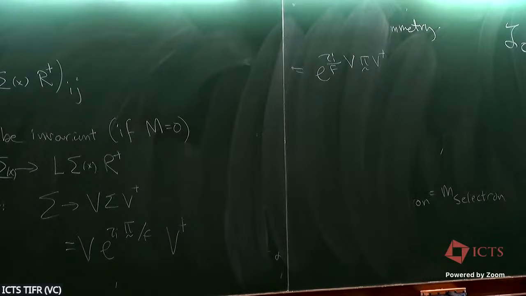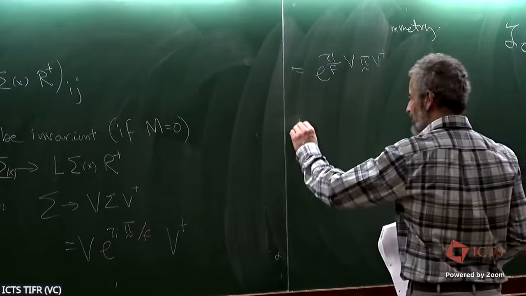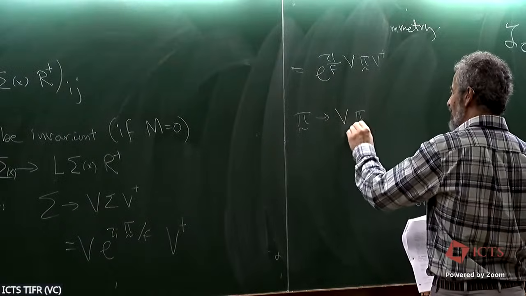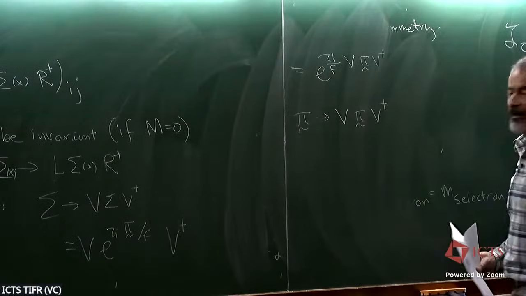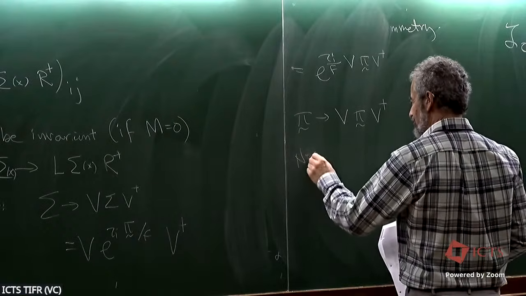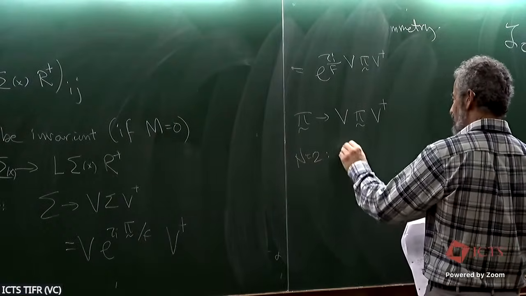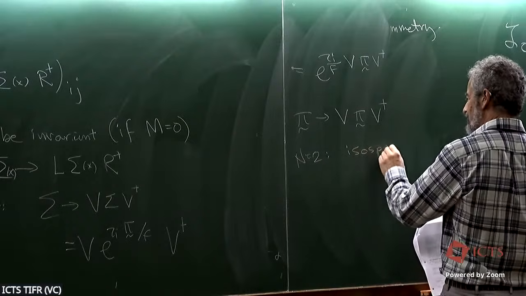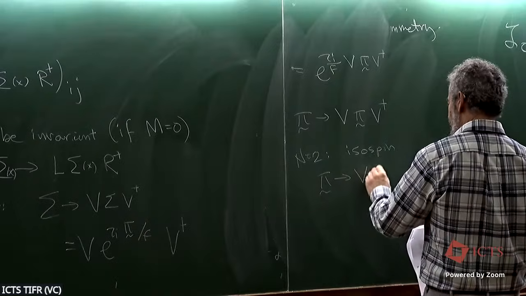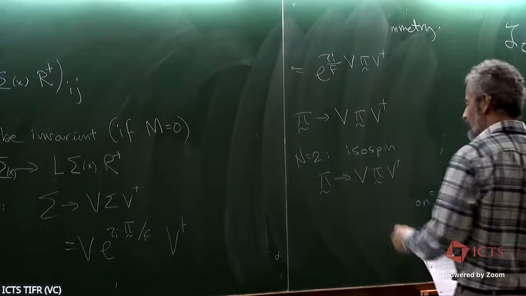That makes sense? And so we can say that the pions transform nicely under the unbroken SUN symmetry. For n equals 2, isospin, pi goes to V pi V dagger.